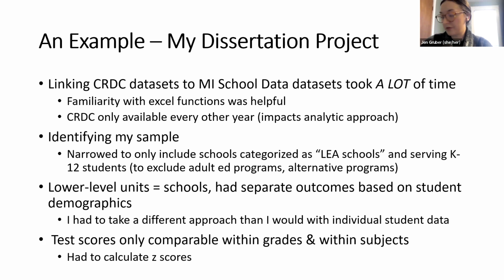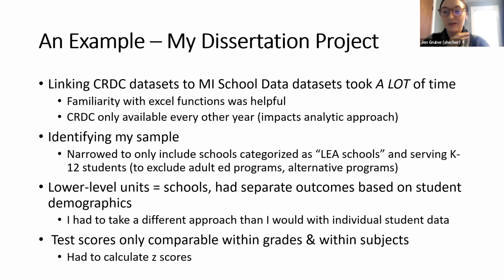A specific example is that I'm looking at test scores for math and English language arts. In Michigan, the standardized tests they administer have scores that are not comparable within or between grades or between subjects.